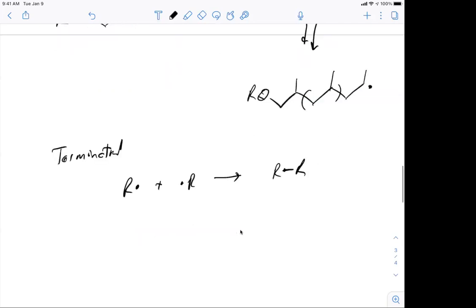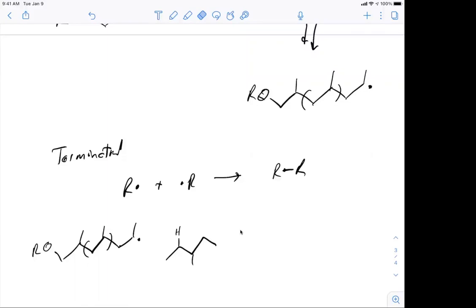One of the termination steps that can occur, and this one we will show because it does change the difference between low density and high density polyethylene, as well as some of the other radicals, is radical abstraction. So let's say we have an R group, and that could be another polymer. Let's make it another polymer. So we have a big long polymer here, and I have a hydrogen.